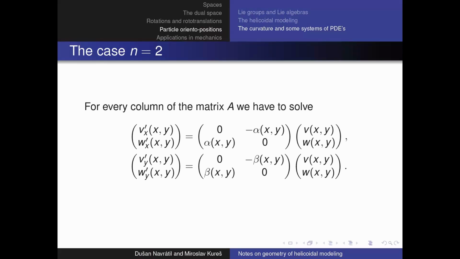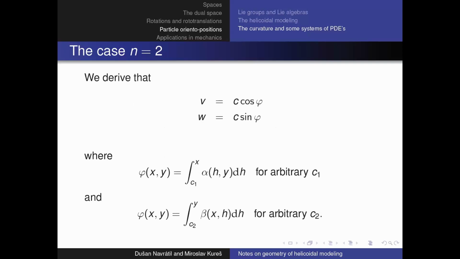There is the curvature vector hidden here. And what we found out to solve this system is that the solution for functions v and w lies on a circle with given radius, and this function phi is given by two of those integrals, which have to be equal together.